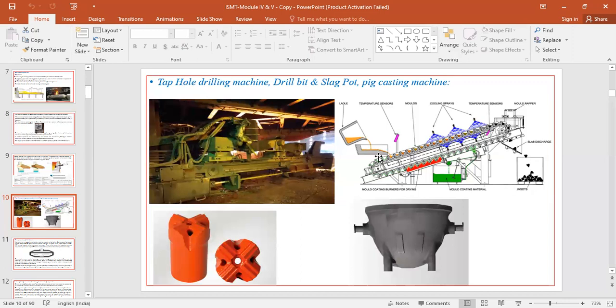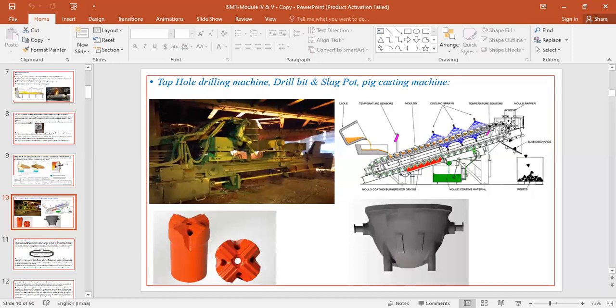In the pig casting machine, initially a coating is applied to these molds so that the solidified product can be easily detached from the molds. At the initial stages, the liquid product is exposed to air cooling, followed by water cooling by water jets.